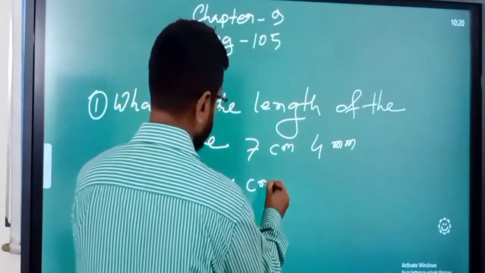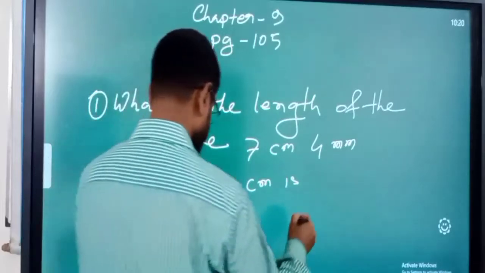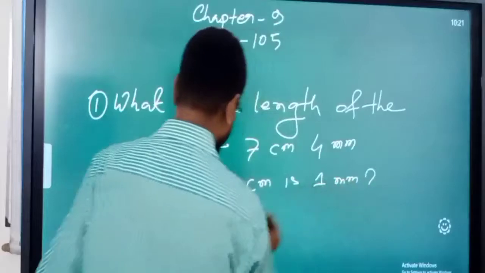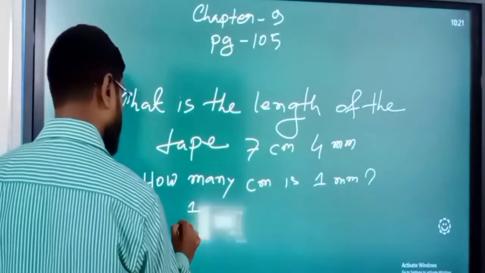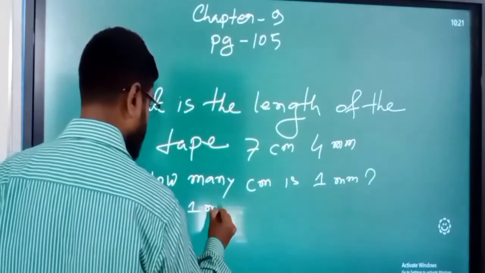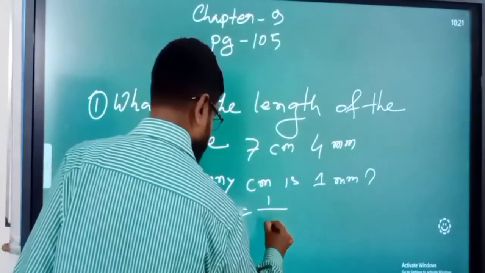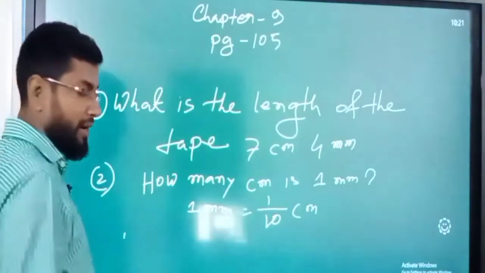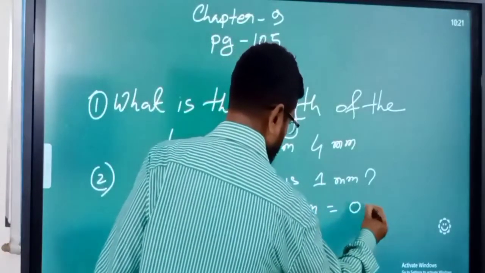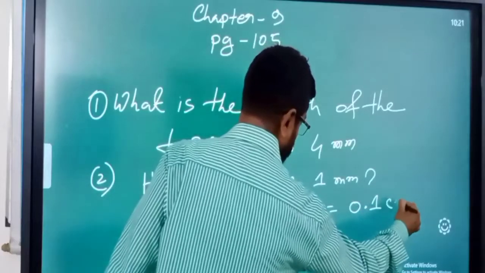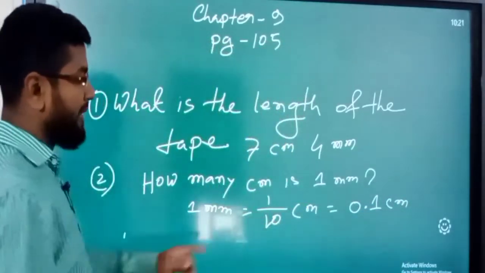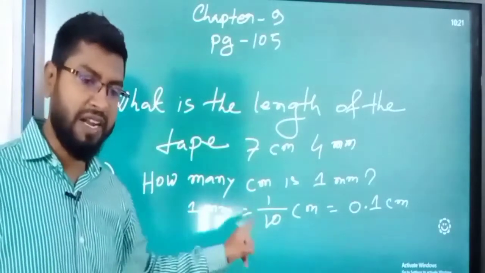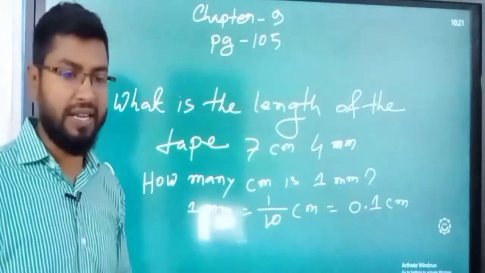We know 1 millimeter equals 1 by 10 centimeter, and we know how to express this part. How will we express it? 0.1 centimeter, because if I divide by 10, we can express this fraction as a decimal fraction.